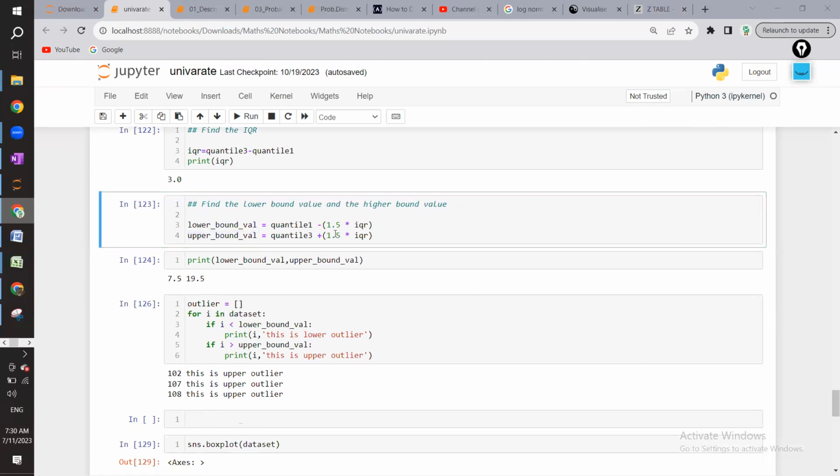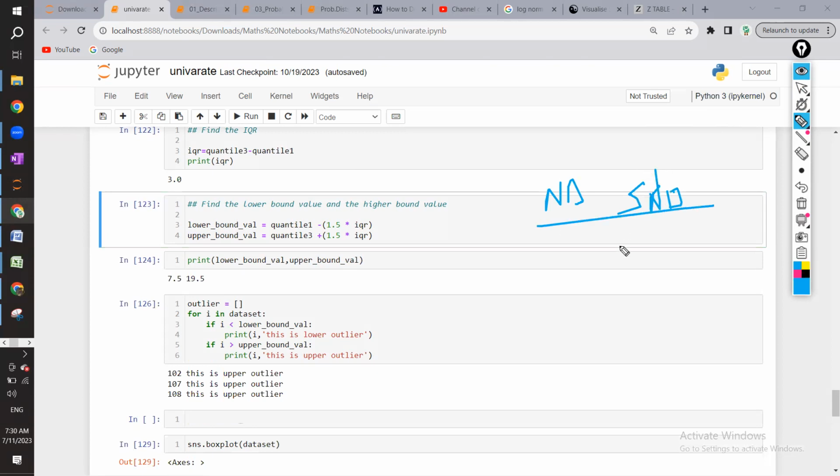So this is one way of handling outliers. At that time, we didn't know anything about normal distribution or standard normal distribution. But now, since we have sufficient knowledge about these two, using this also we can easily detect outliers. The difference is, to apply IQR or box plot, there is no initial requirement. Any data set you can apply and calculate these values and find the outliers.